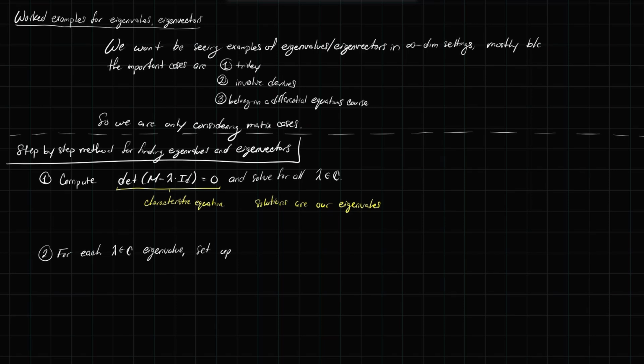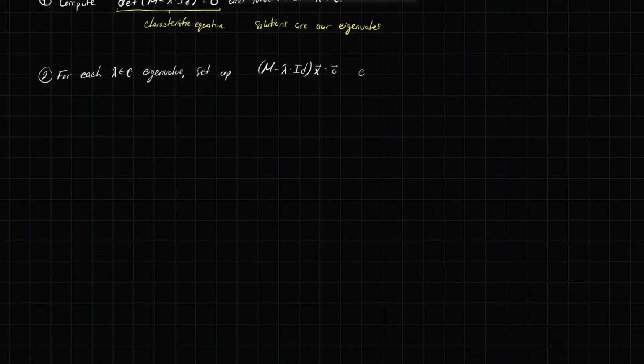set up M minus lambda times the identity against a vector x equals the vector 0, and solve for a relationship between the entries in this vector x.